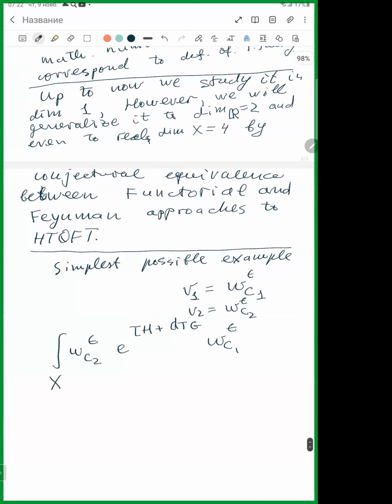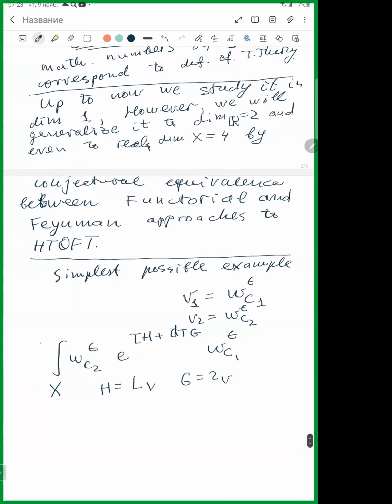And I'm integrating over X. And I will take H being Lie derivative, G being operator of contraction with a vector field. And now I would like to integrate over this dt.